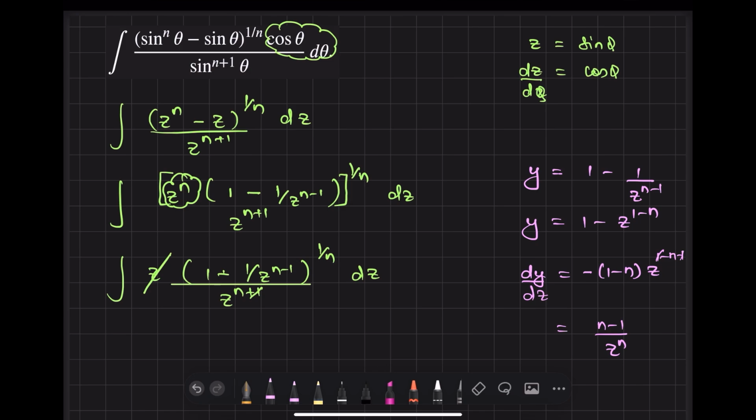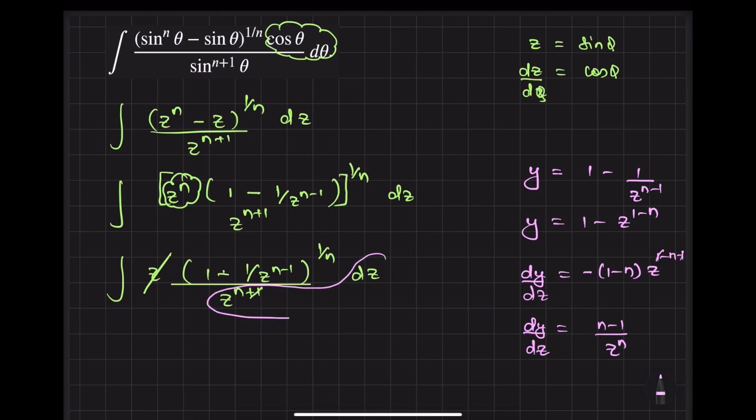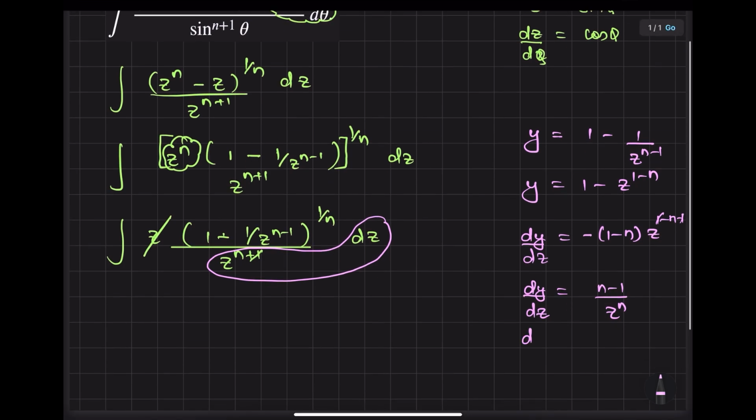And here we have dy by dz, and look at this component, we have dz by z^n. So can I send this dz to that side? So it is dy by (n minus 1) equals dz by z^n.